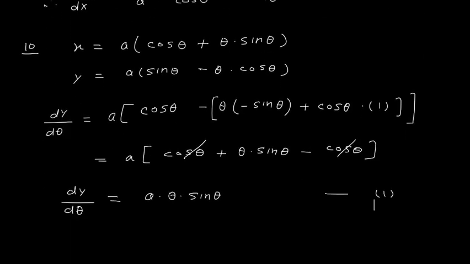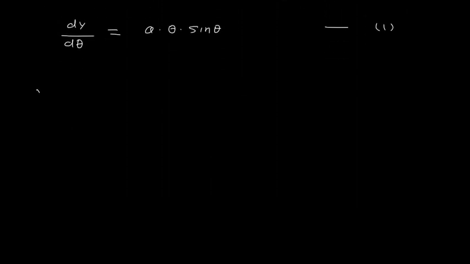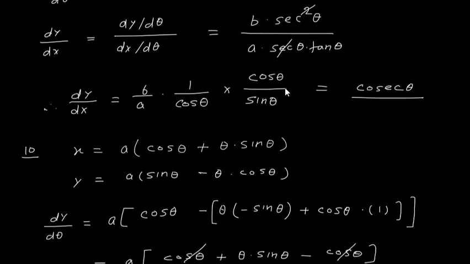So for that, x is a into cos theta plus theta sin theta. So here let us write x is equal to a into bracket, we have cos theta plus theta into sin theta.